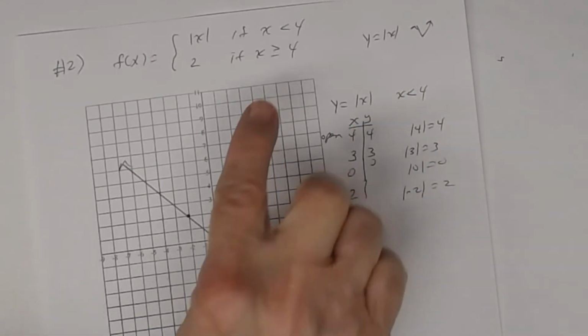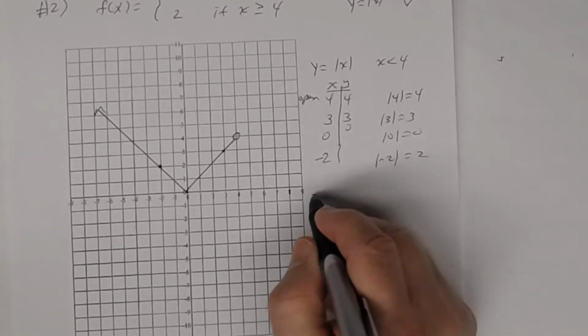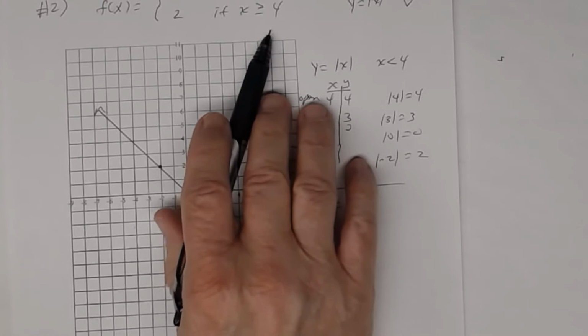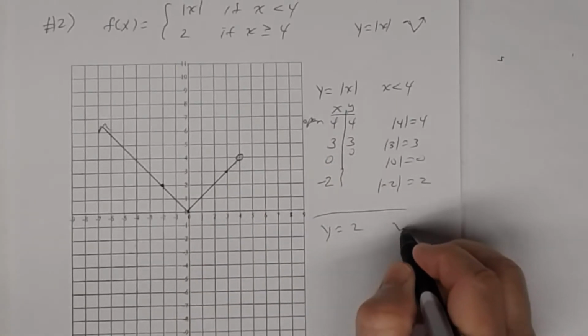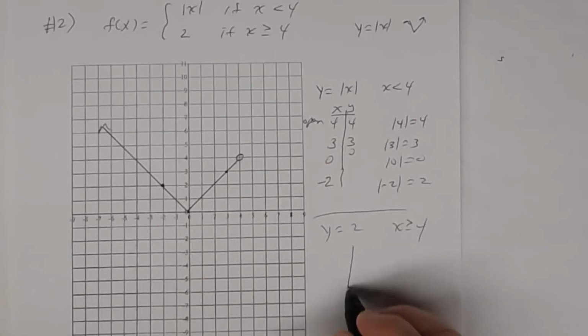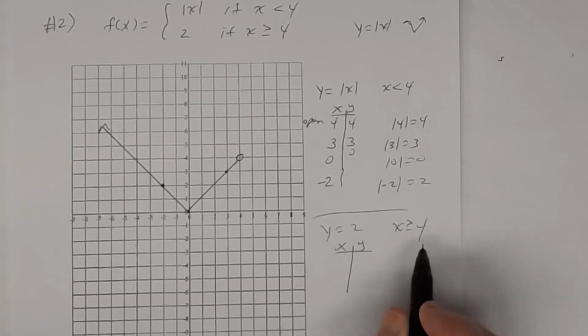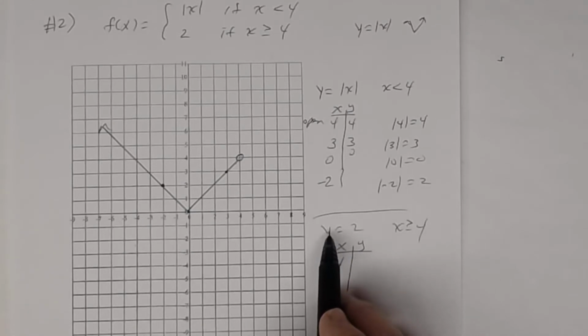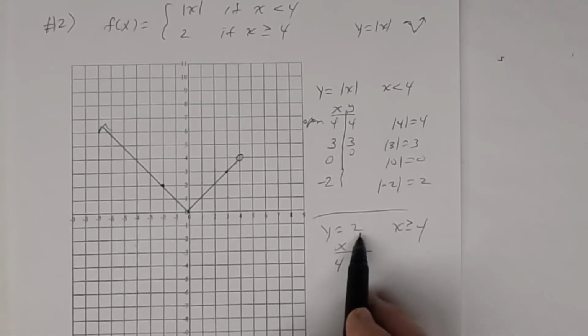All right, now let's look at the next one. So now we're going to look at y equals 2. And this time, x is greater than or equal to 4. All right, so let's do a t-table. It helps to do a t-table. Whatever number you see here is what you put here. So if x is 4, this says that y has to equal what number? See, there's no variable in it.